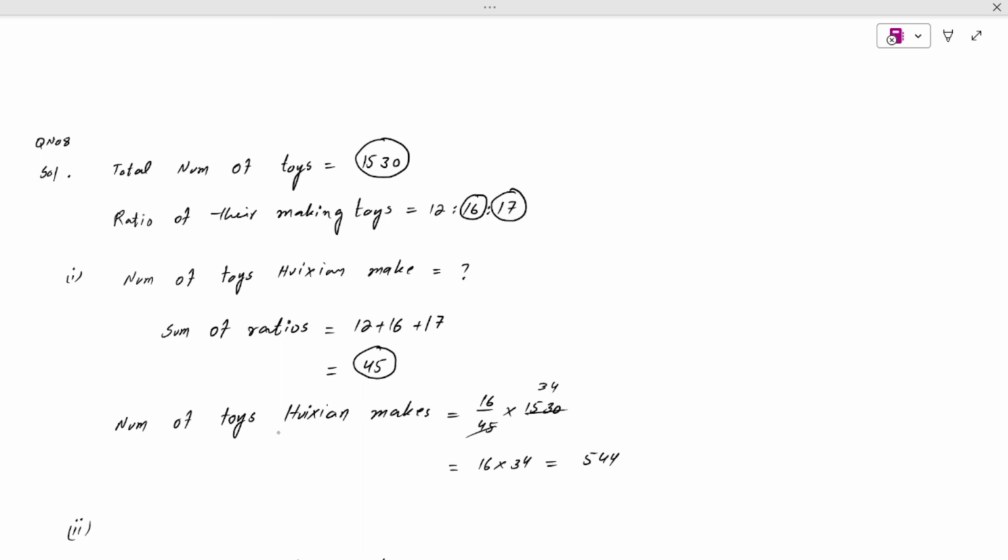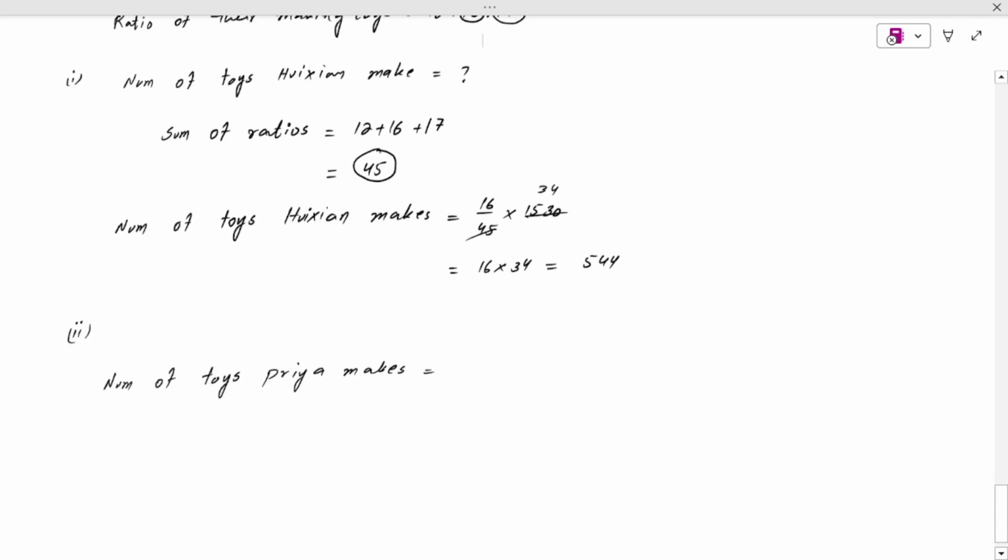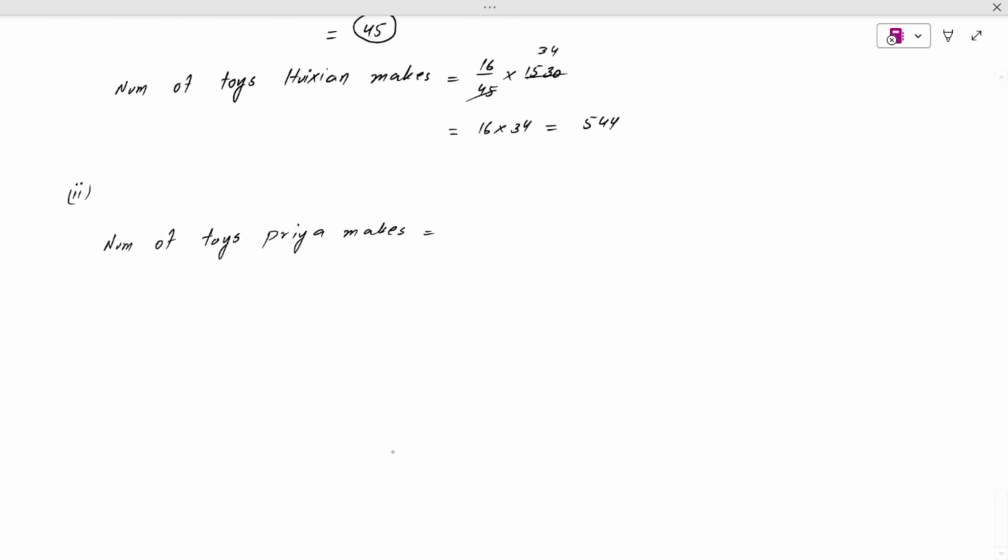The ratio of Priya is 17, and the sum of ratios is 45. We divide the ratio of Priya by the sum of ratios, multiply this number by the total number of toys, which is 1530, and simplifying, 45 34s are 1530, so 17 multiplied by 34 gives the number of toys Priya has. Priya has 578 toys.